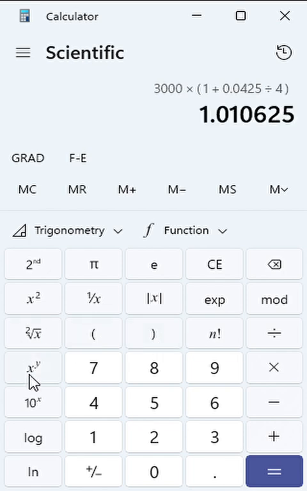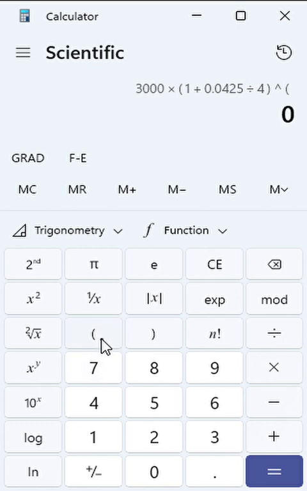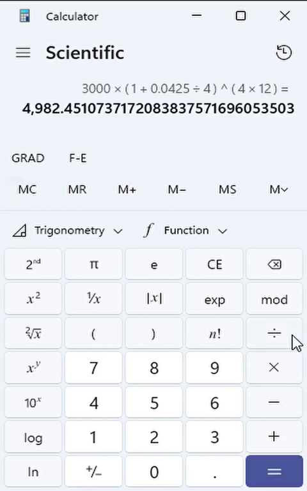Then to the power 4 times 12. If you don't know 4 times 12, use parentheses, 4 times 12, which is 48. And then click the equal sign here. For some of you, on your calculator you click enter. So you get this value.